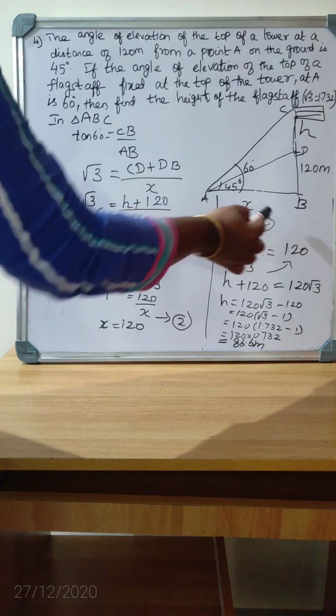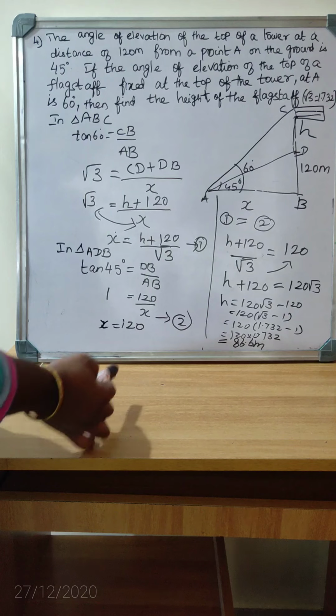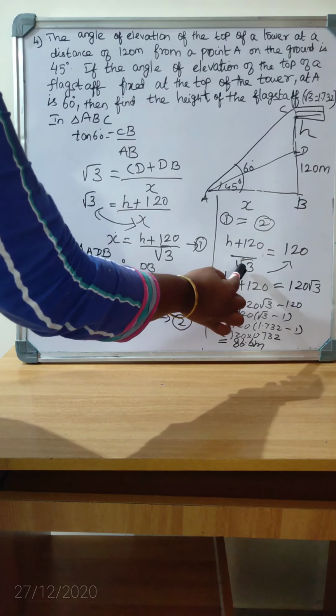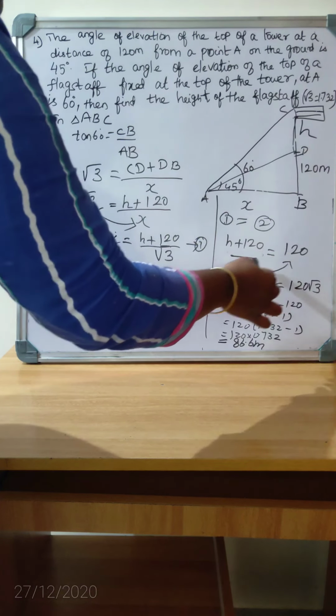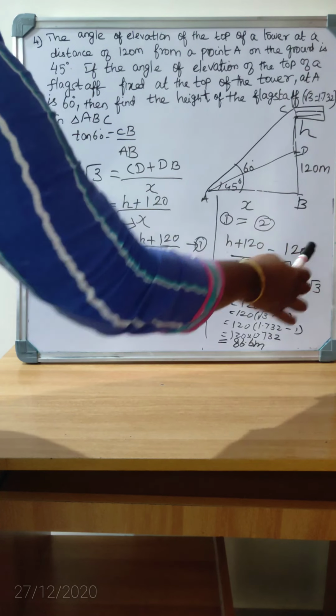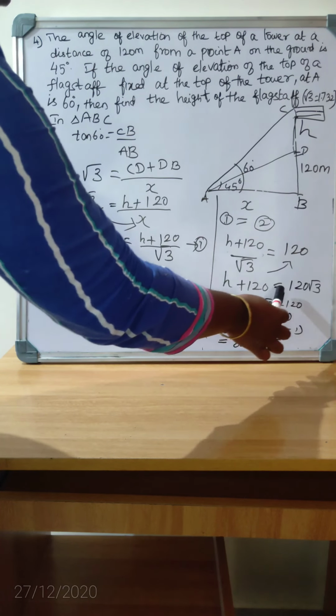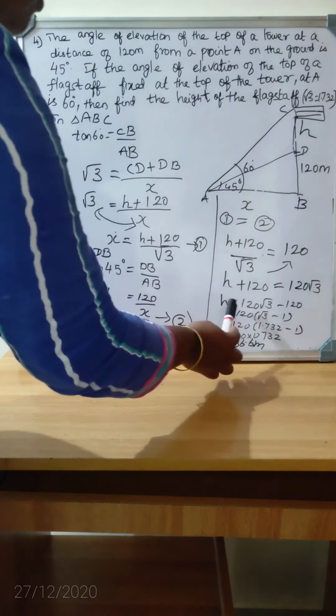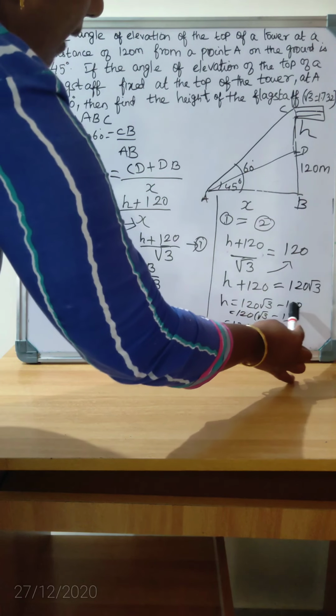So this is equation 1 and equation 2. I am just equating equation 1 equal to equation 2. h plus 120 divided by root 3 equal to 120. This root 3 I am cross multiplying here. h plus 120 equal to 120 root 3. h equal to 120 root 3, this 120 I am taking this side, so plus has become negative, so minus 120.